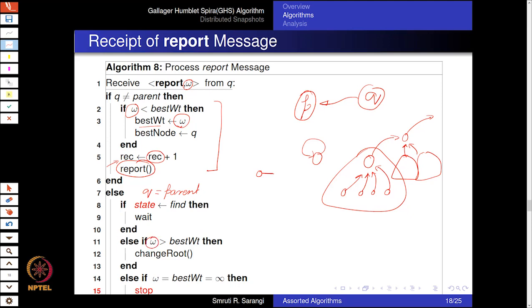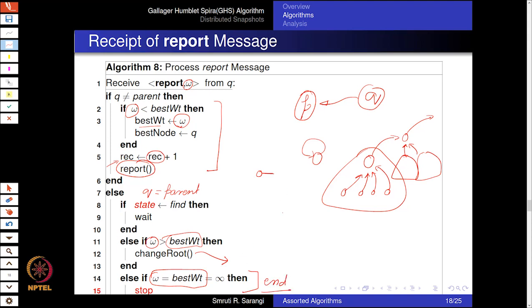If omega, what my parent is reporting, is greater than best weight, which means that my best weight is actually the best, then I change the route. Otherwise, if omega is equal to best weight, which means my parent and I are both reporting infinity, this means that we have actually reached the end. There are no eligible edges. So the MST condition has been met, it's all done, and we terminate.